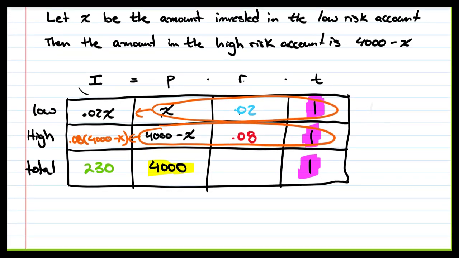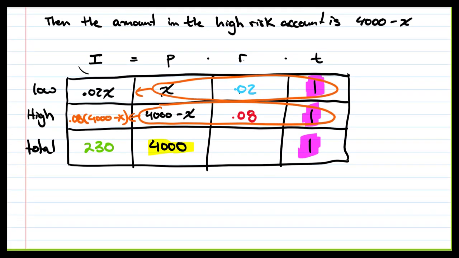Well, that fills in our first column. So we know this expression, 0.02x, represents the interest in the low-risk account. The expression 0.08 times (4,000 minus x) represents the interest in the high-risk account. If I add those two things together, it has to be the total.